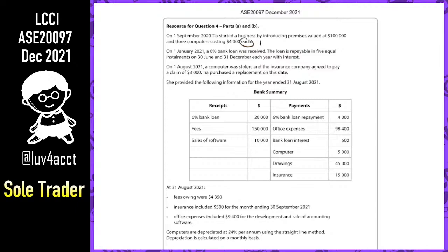That means we have 12,000 computers. On 1st of January, during the year, a 6% bank loan received, 20,000. Repayment during the year: the loan is repayable in 5 equal installments on the 30th of June and 31st of December each year with interest.